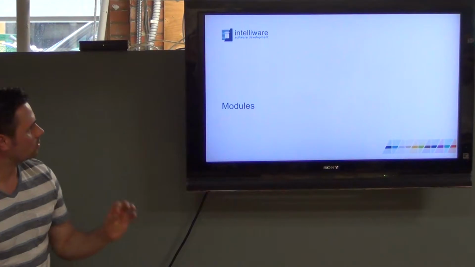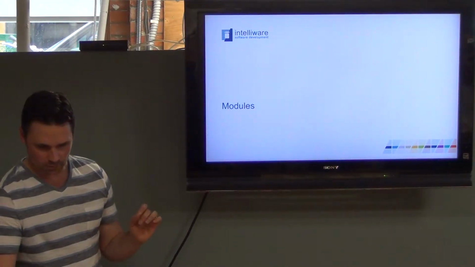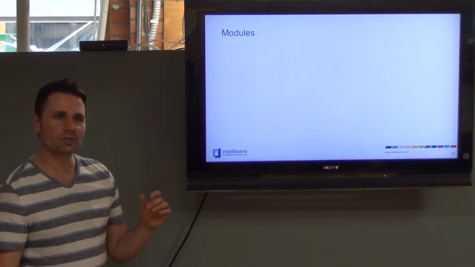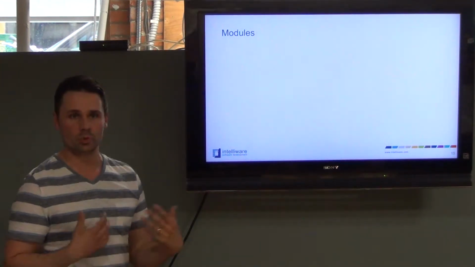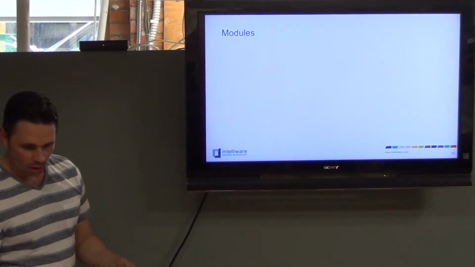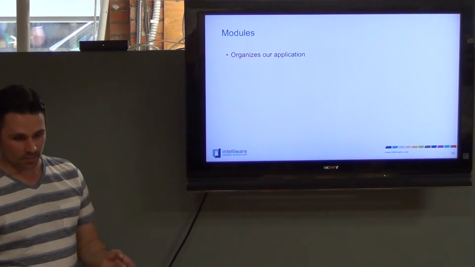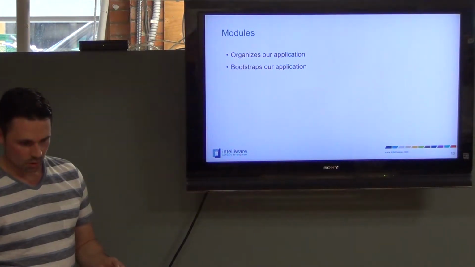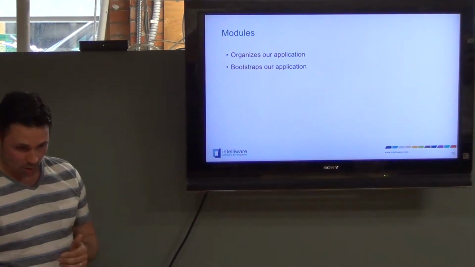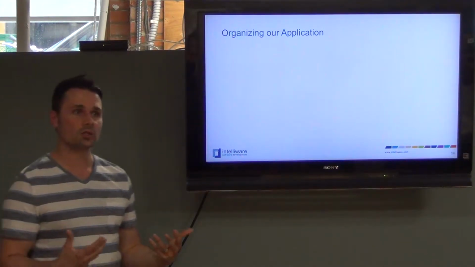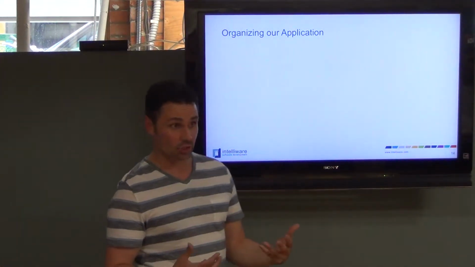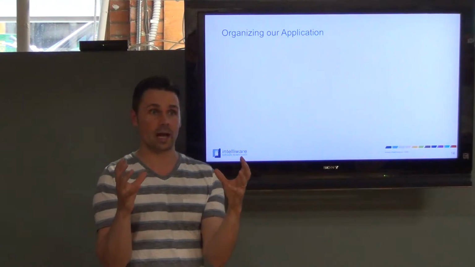So let's now dig a little bit deeper into modules. We talked briefly about how a module is used to bootstrap your application, but it's also useful for organizing our application. The recommendation from the AngularJS team is you don't just have one big monolithic application.